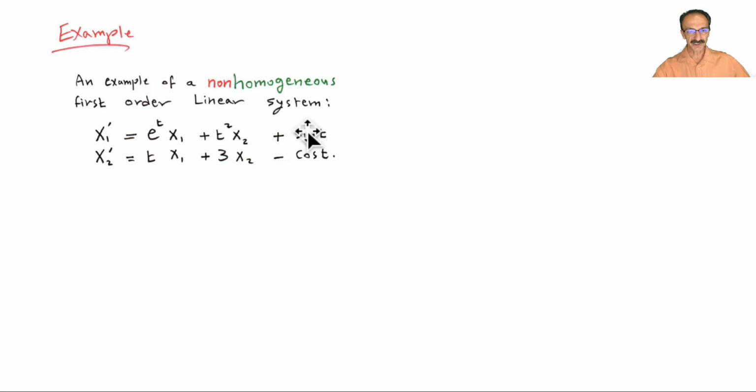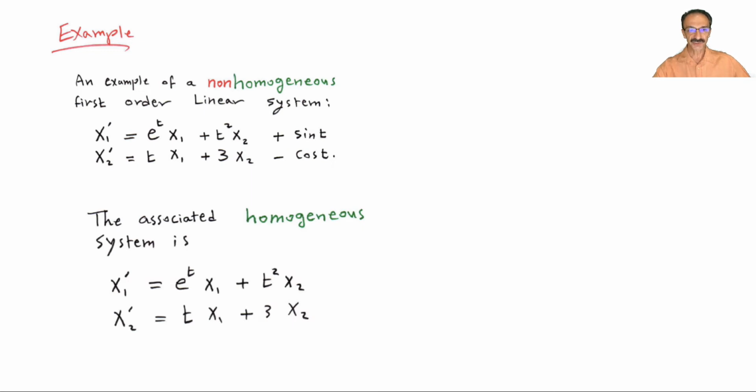Now, if in case these are gone, we will call it homogeneous. The associated homogeneous system is the same except the sine and cosine part.